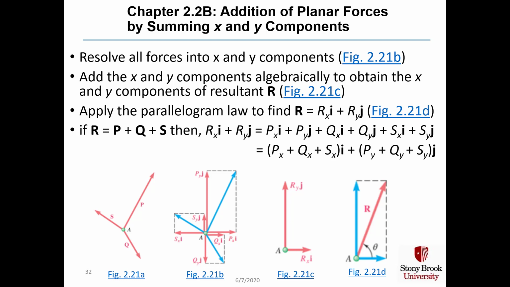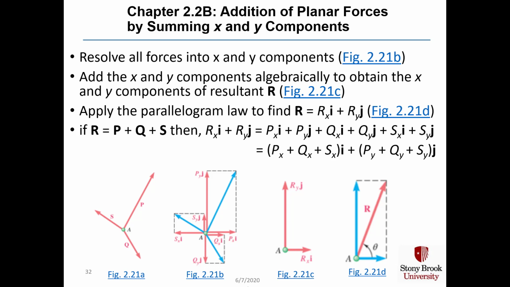In figure 2.21b, we resolve all the forces, P, Q, and S, into their x and y components. In figure 2.21c, we add the x and y components algebraically, meaning add all the x's, add all the y's together, to obtain the x and y components of resultant R.